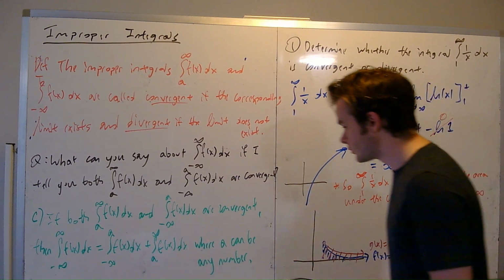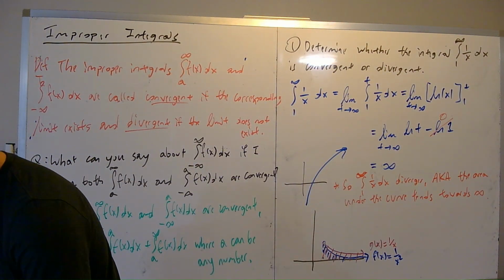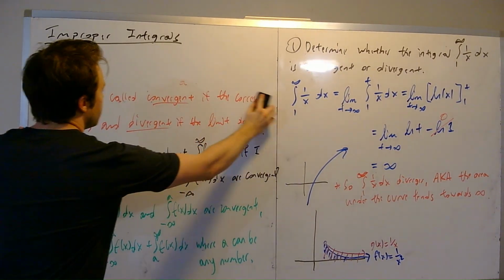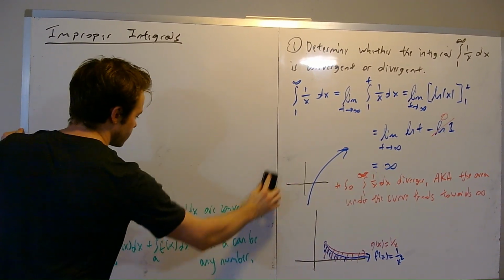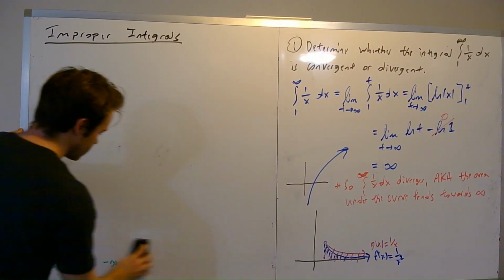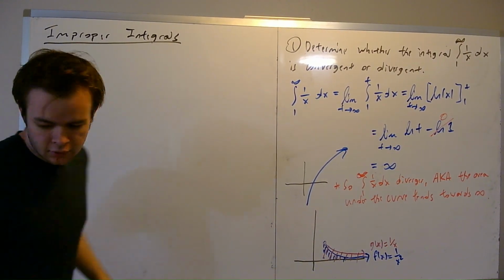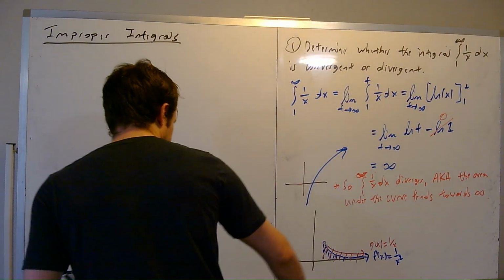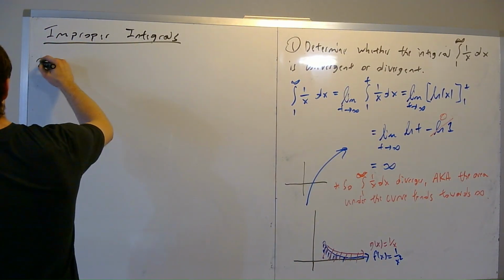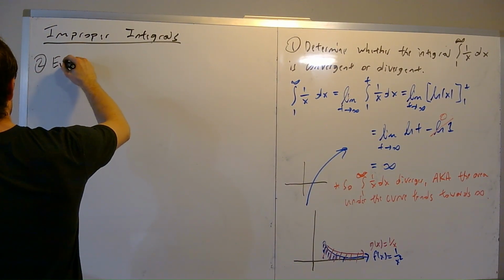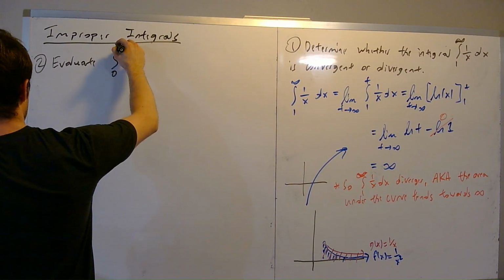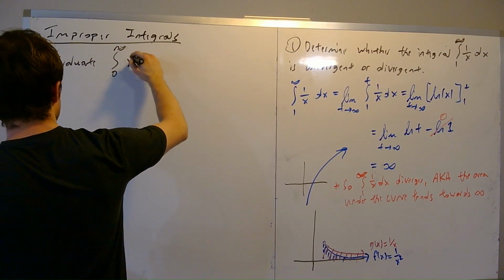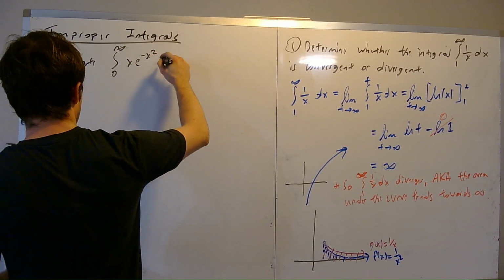Okay. So let's talk about example number 2. So example number 2 says evaluate the integral from 0 to infinity of x e to the minus x squared dx.